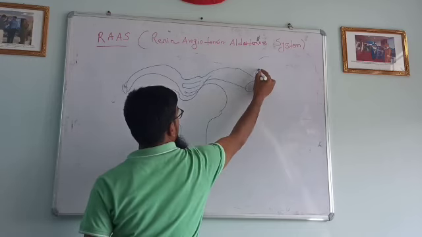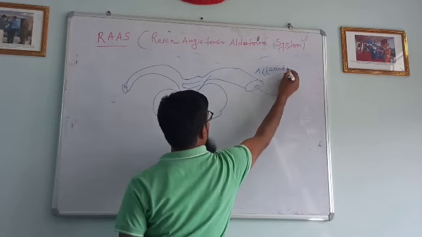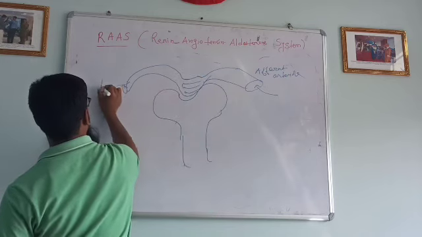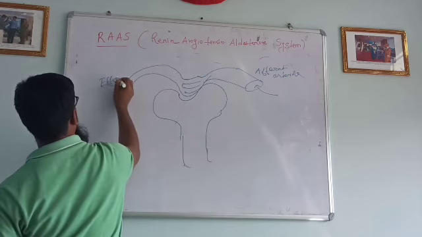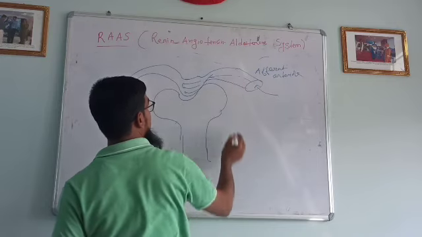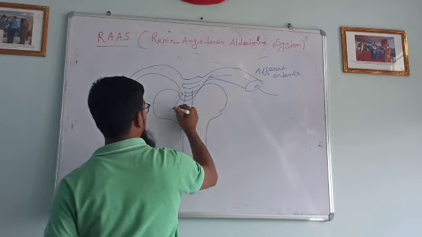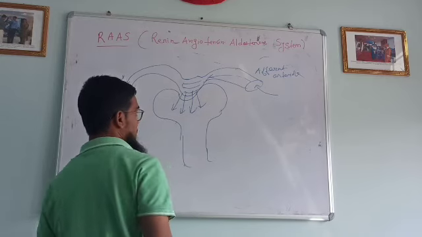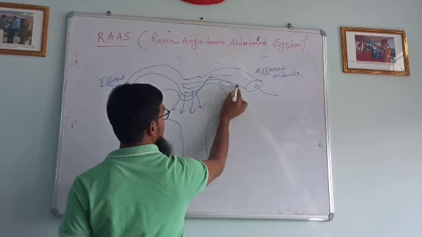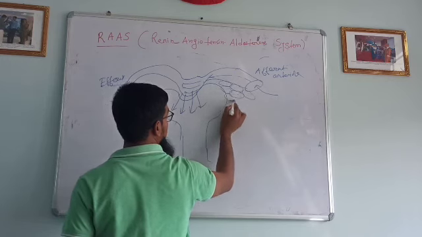This is the afferent arteriole. Suppose blood comes through these afferent arterioles to the glomerulus and filtration takes place. Below the afferent arterioles there are some smooth muscle cells.